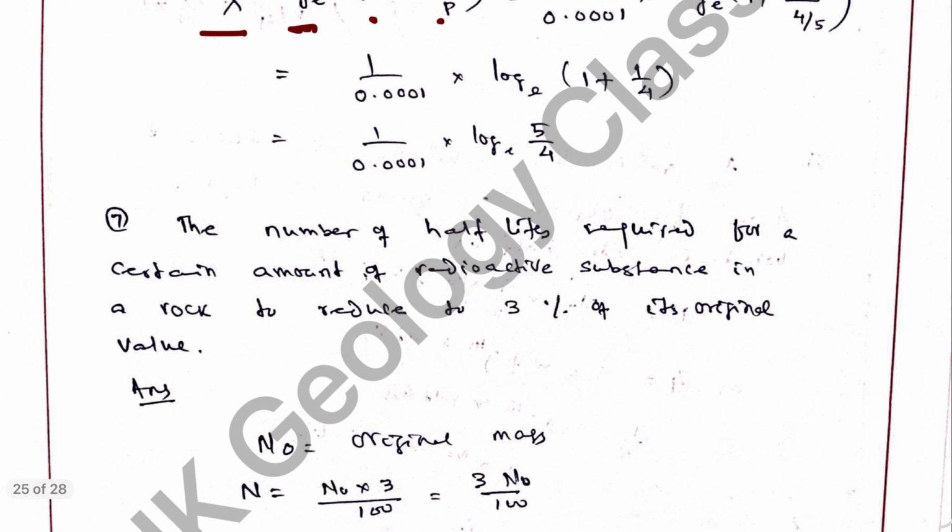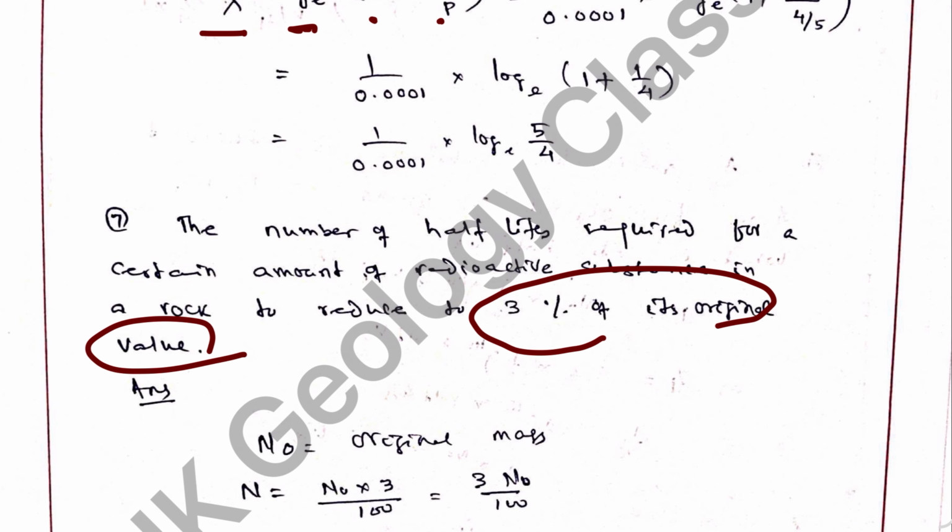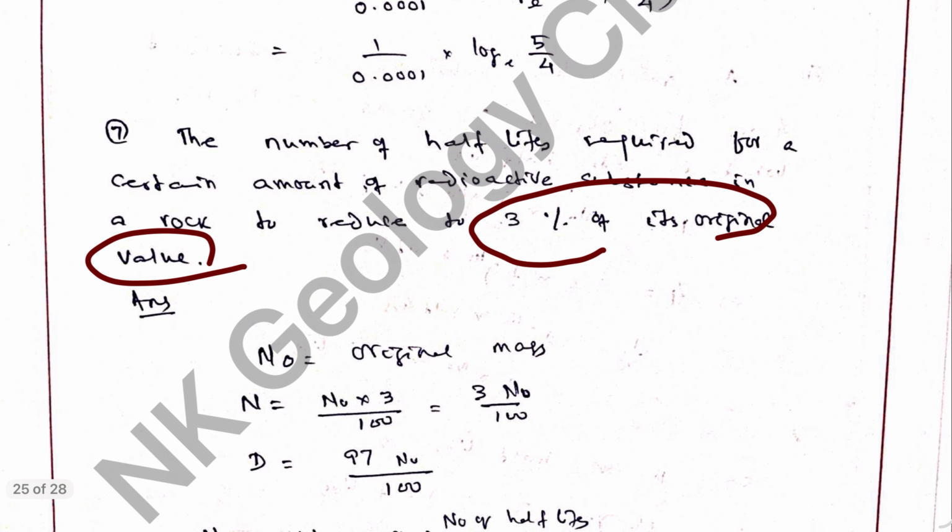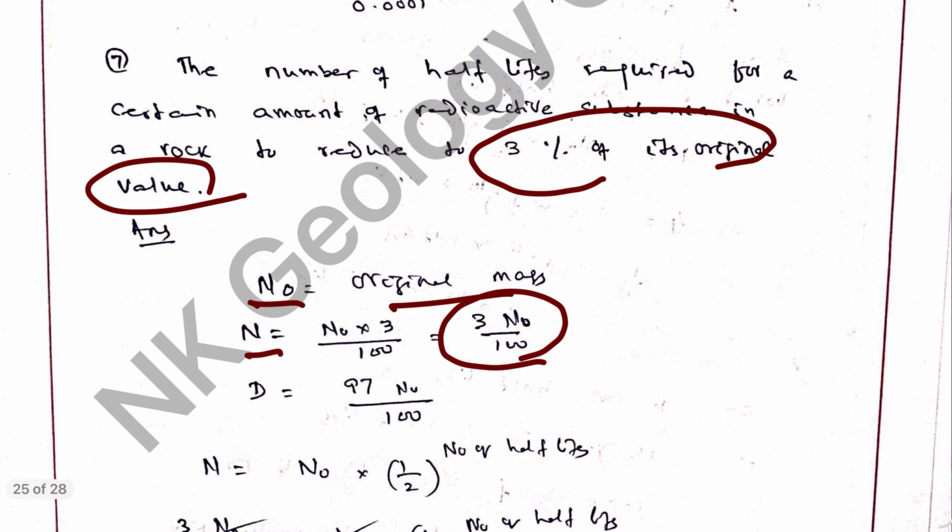The number of half-lives required for a certain amount of radioactive substance in a rock to reduce to 3% of its original value. So N will be 3N0 by 100. N0 is the original mass, N will become 3N0 by 100.